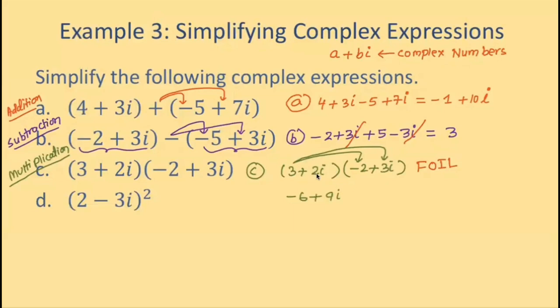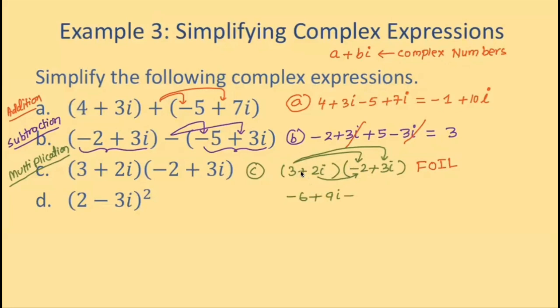Now we multiply here. Look at that. We are done multiplying with 3. Now we have to multiply with 2i. 2i times negative 2. How much is 2i times negative 2? Negative 4i. We have a plus and a minus. When you multiply positive and negative, that's a negative.